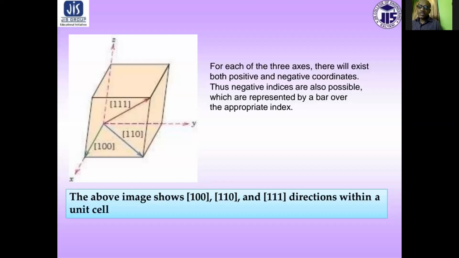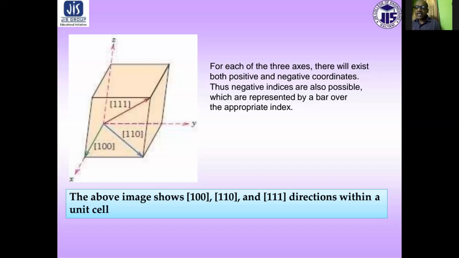So in this figure, we need to find the directions of this unit cell. For each of the three axes, there will exist both positive and negative coordinates.